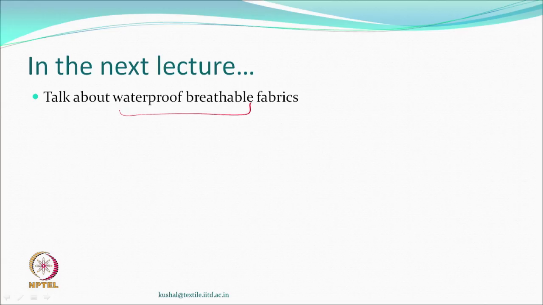As we keep working, moisture keeps getting generated and that should also go out, and that becomes breathability. So, we will be talking about that. Is it possible to have a situation where you have waterproofing as well as breathability? Because remember the first case, the waterproof fabric did not allow the air to pass through. Now, we are looking at both the things happening together.